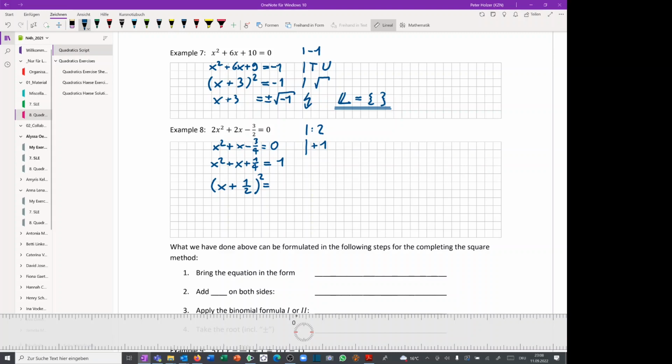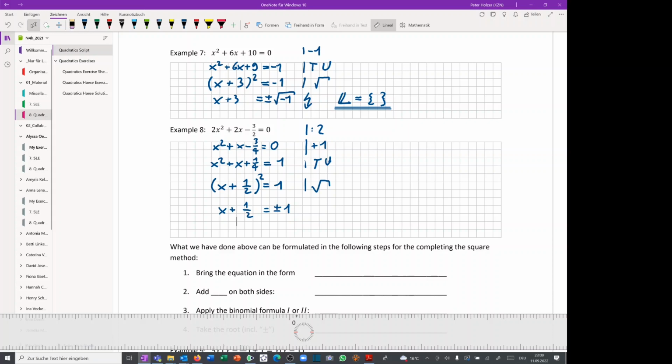Next line we have just a Termumformung. So we get the bottom line and a 1 here on the right hand side. And we take now the root again, and we get x plus 1/2 equals plus minus 1.